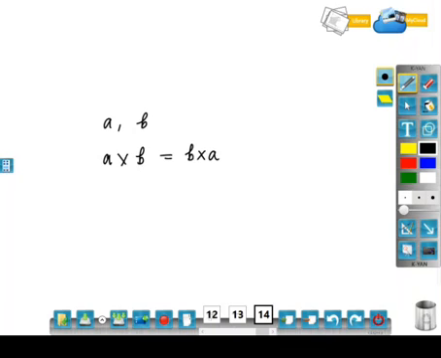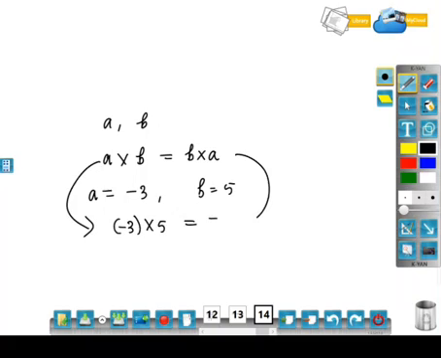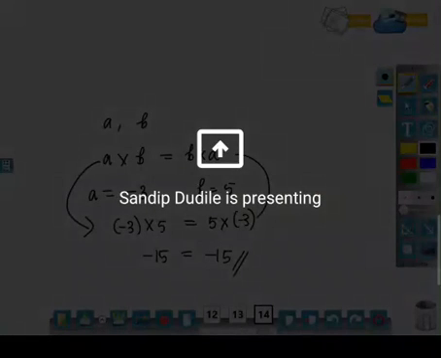Let's check whether, on putting some values for a and b, the left hand side and right hand side of the equation are equal or not. Take a is equal to -3 and b is equal to 5. So a into b is -3 into 5, and is it equal to b into a, that is 5 into -3? -3 into 5 gives -15, and 5 into -3 also gives -15. Are they equal? Yes, obviously they are equal.